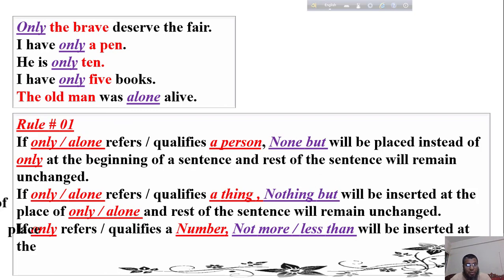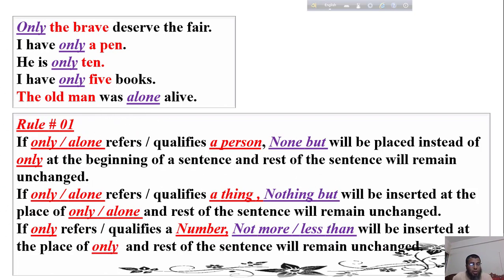Third one here. Okay, my dear student, if "only" refers to or qualifies a number, you know what a number is. That is a numeric word. 1, 2, 3, 4, all these are numbers, or numeric words.